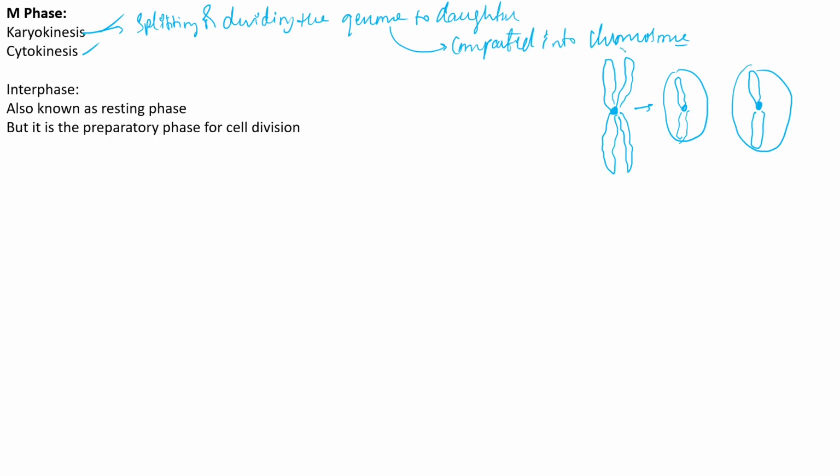The whole thing was present in only one cell, but at the end of cell division, one is present here and the second is present in another cell. This process of splitting of sister chromatids is called cytokinesis.